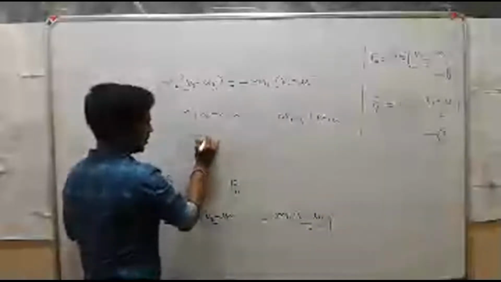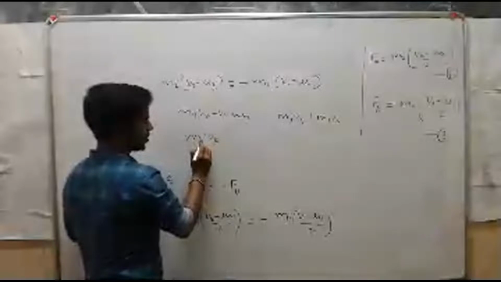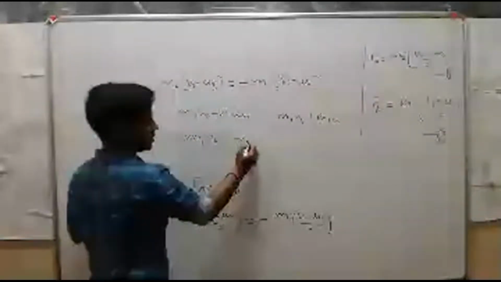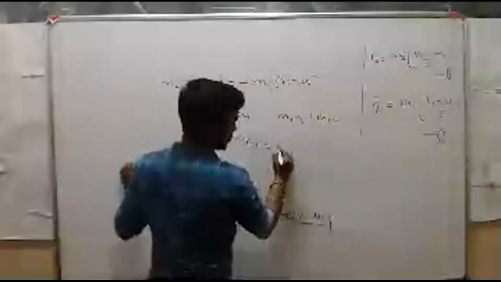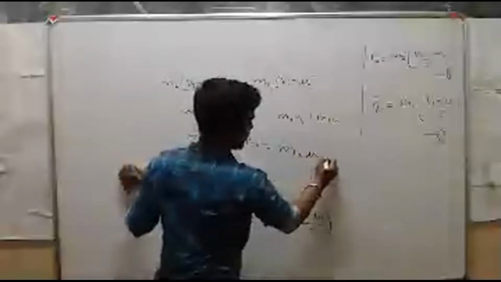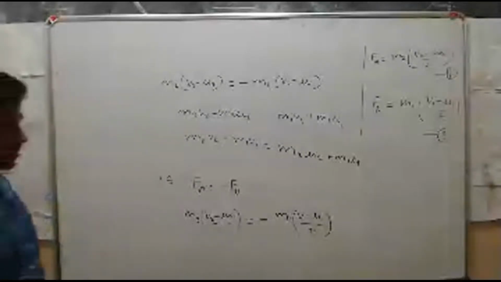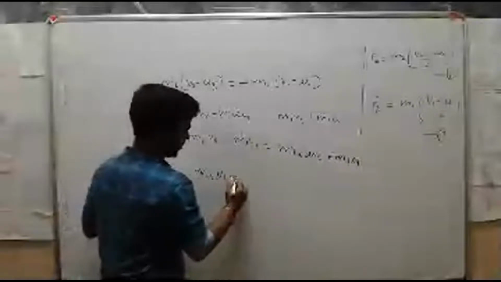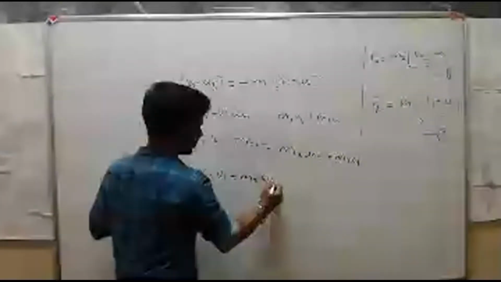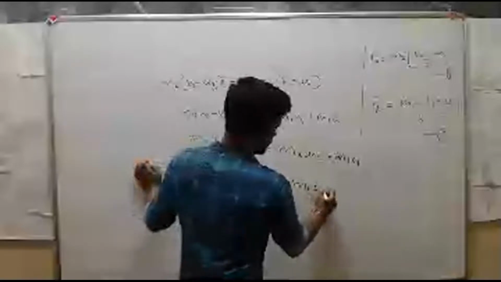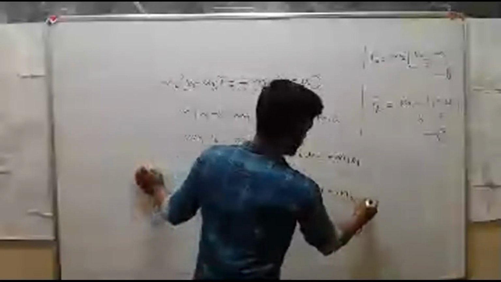So that is M2 V2 plus M1 V1 equals M2 U2 plus M1 U1. Finally we can write M1 V1 plus M2 V2 equals M1 U1 plus M2 U2.